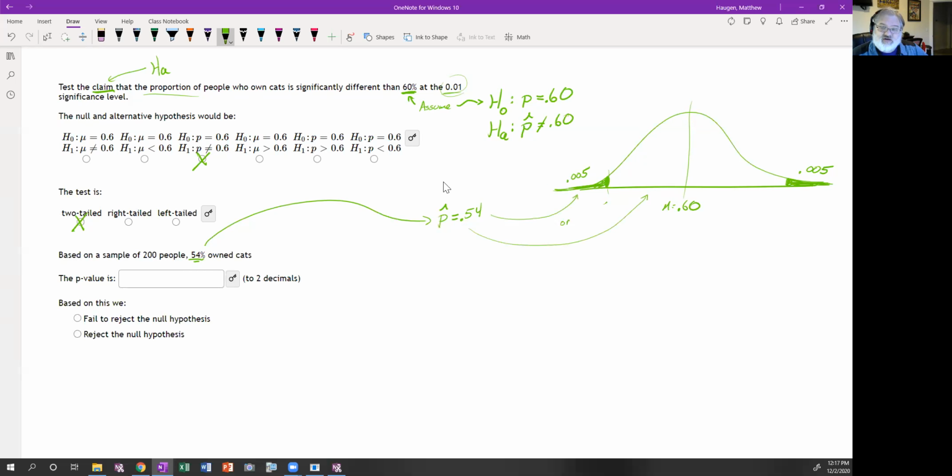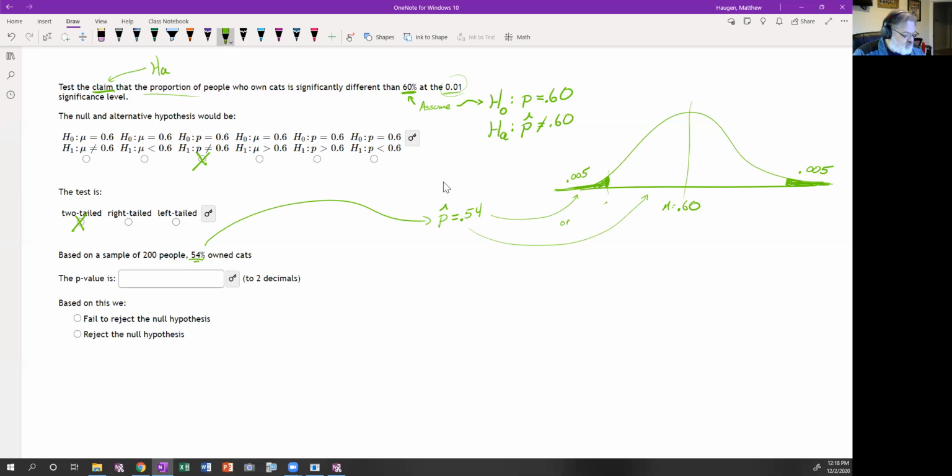If it lands in the tail, then it supports rejecting the null hypothesis. If it lands in the big open region, then it fails to reject the null hypothesis. Right? Same thing as the problem above.